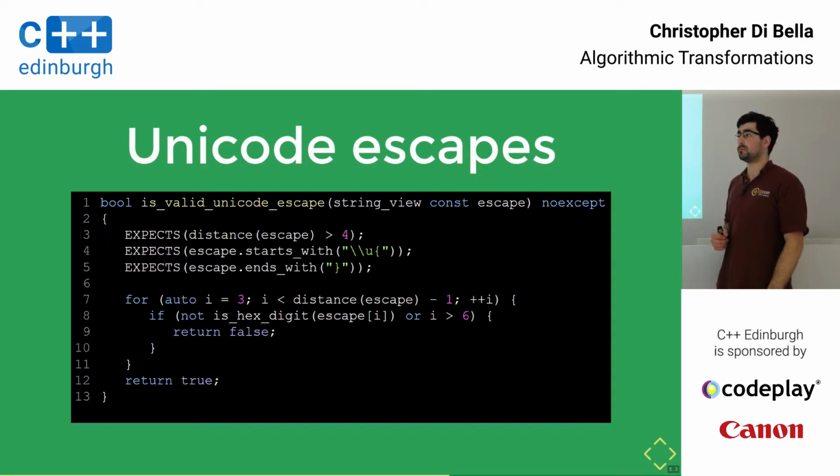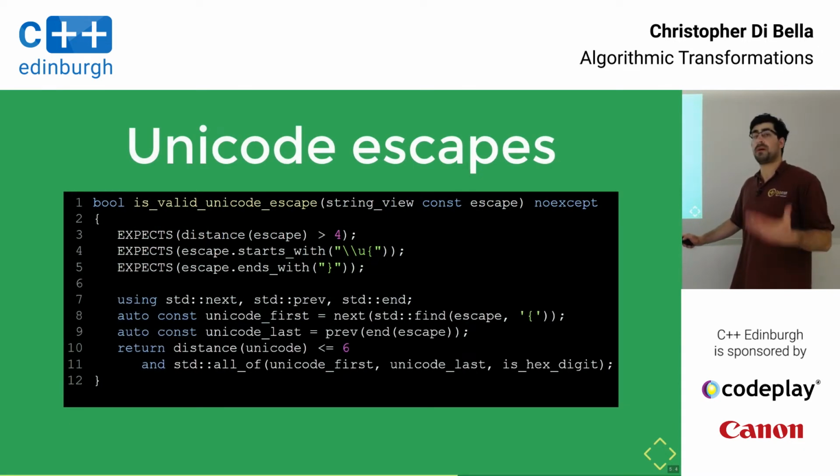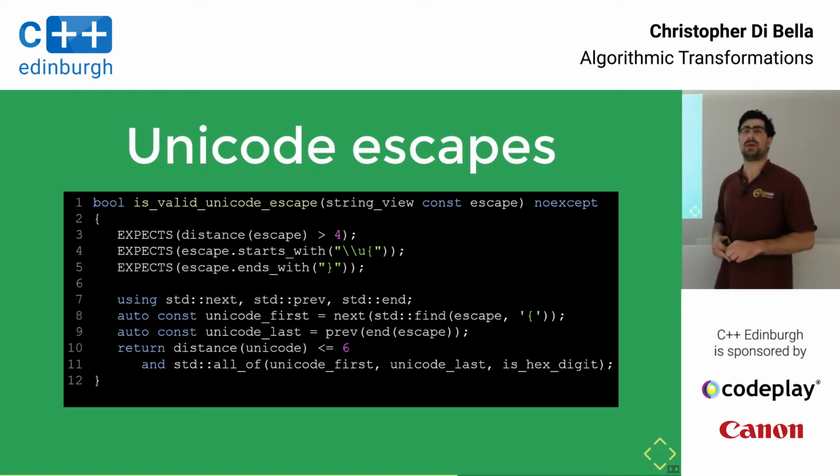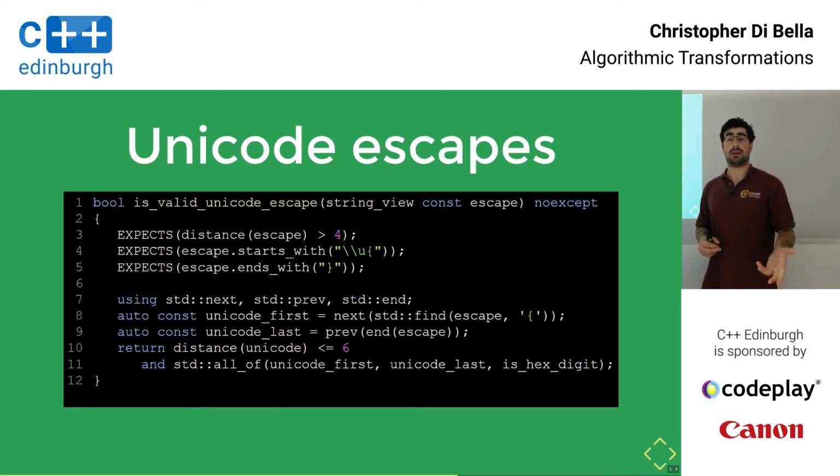Checks if everything inside the braces is a hex digit. Yep. So it checks basically if all of them are hex digits, and there is an algorithm in the standard library called all_of that does that for us. So what we can do is say that we have a beginning and an end, which we get from the standard library for free.